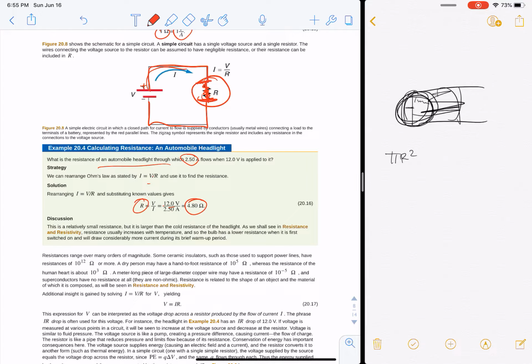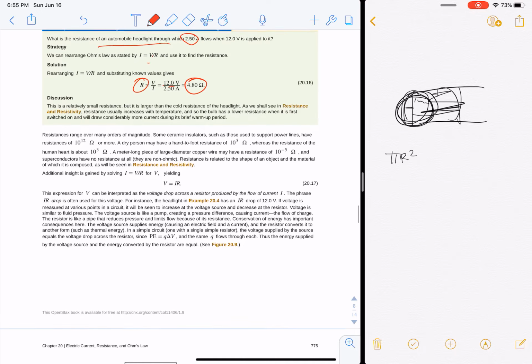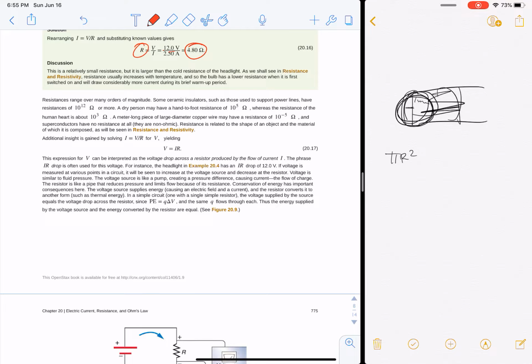That's a very low resistance, and that's what you want when you're generating electricity or trying to use it, because resistance adds heat, wastes energy, and is inefficient. Power lines, right, have 10 to the 12 ohms of resistance, which is huge. A dry person may have a hand-to-foot resistance of 10 to the 5th ohms, which is pretty high.